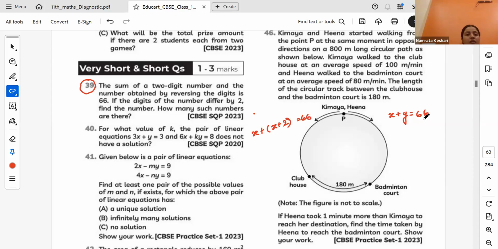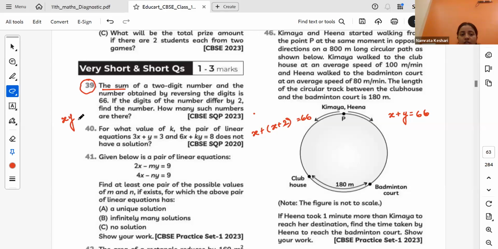Okay, let's check it. Whenever we see a two-digit number anywhere, we will assume it like maybe 10x plus y, maybe 10y plus x. We don't assume the two-digit number as xy, because this gives the illusion that x and y are multiplied together.